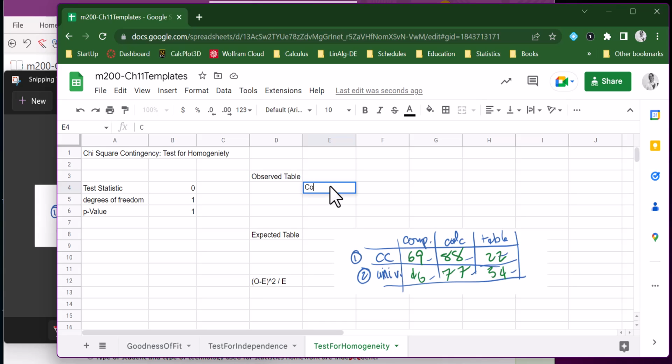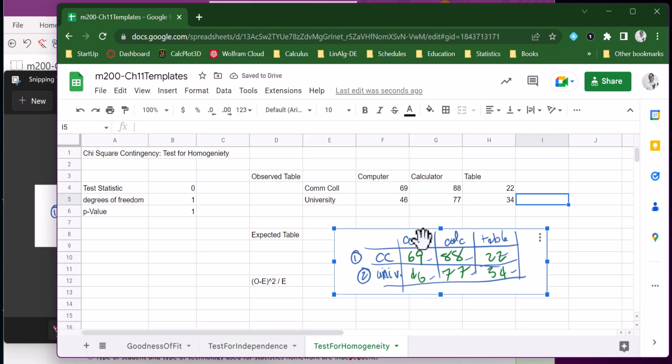So this is the community college and university, and the categories are computer, people who use a computer, people who use a calculator that had statistical commands, and the tables from the textbook. So we had a 69 for the first one, 88, 22, and then a 46, 77, and 34. Okay, so that's our table.